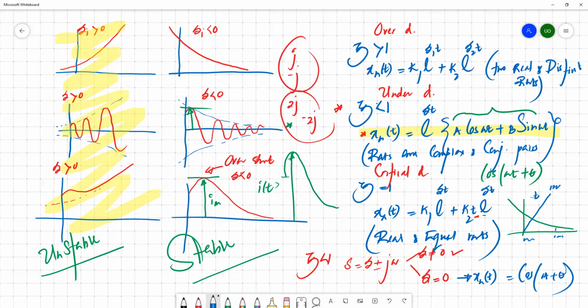If you plot it, it's something like that, because the response is a cosine or sine function.